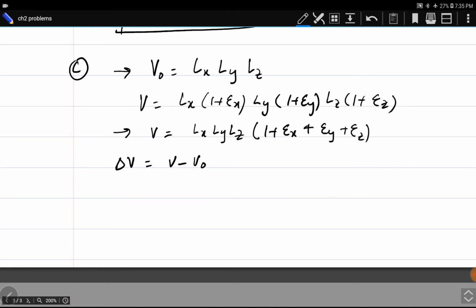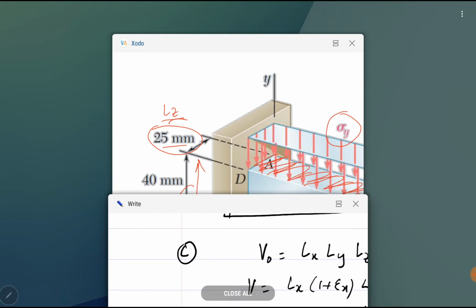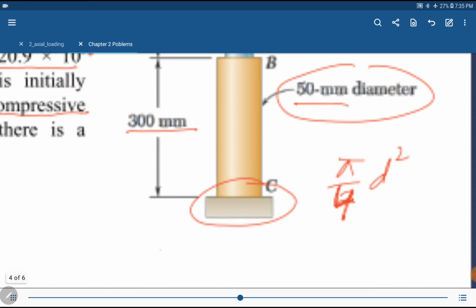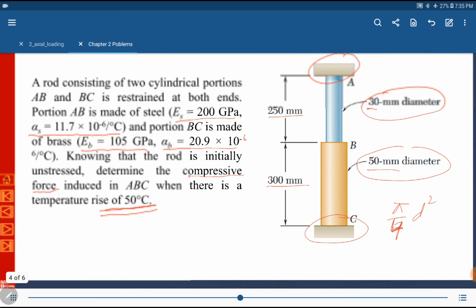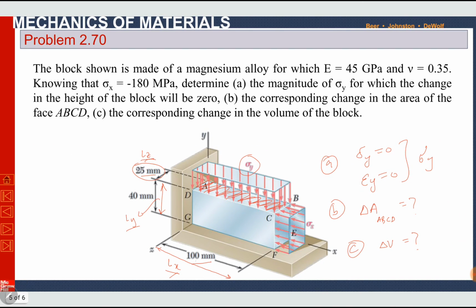If you put the values of Lx, Ly, Lz, epsilon x, epsilon y and epsilon z in this expression: Lx, Ly and Lz are given here. Lx is 100 mm, Ly is 40 mm, Lz is 25 mm.